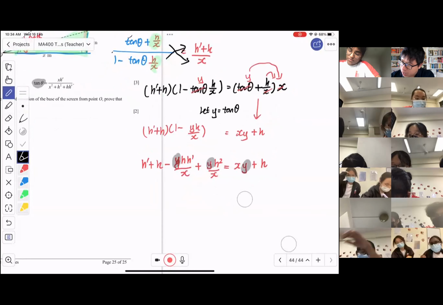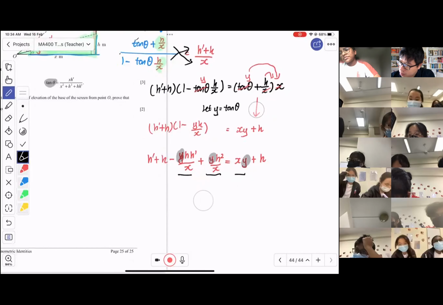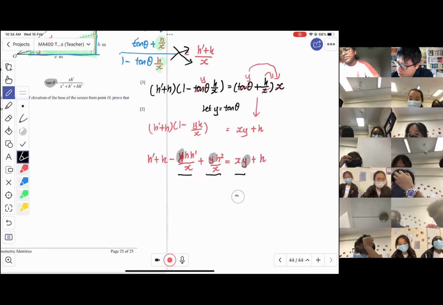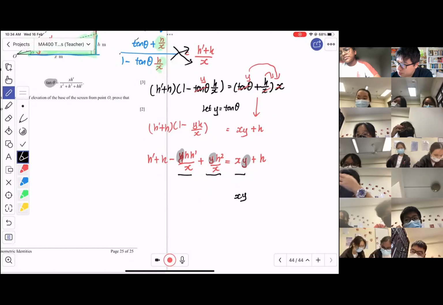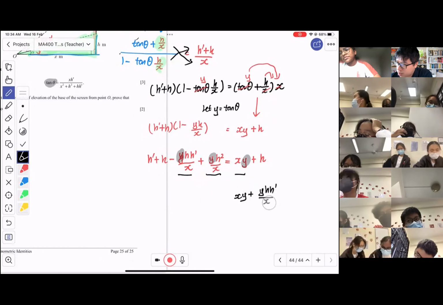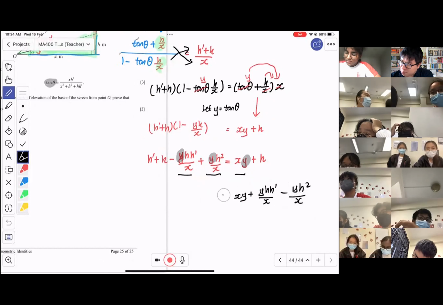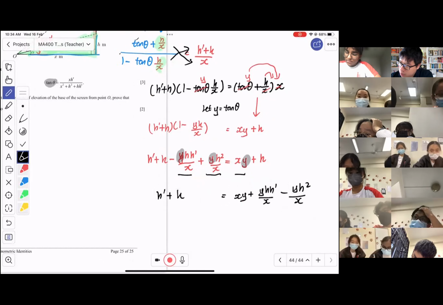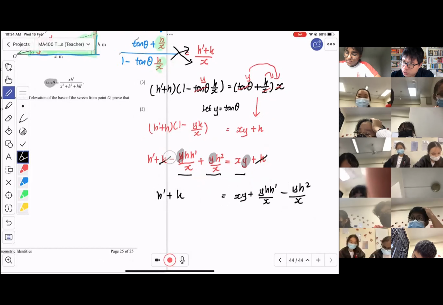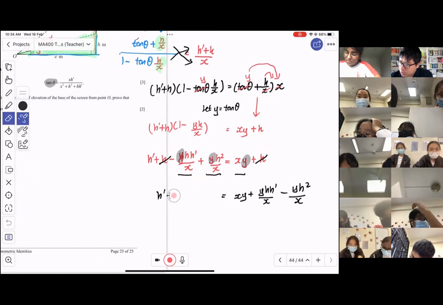So this and this and this, I put them together: xy plus y h prime over x minus y h squared over x equals h prime plus h. These two can cancel off, so no more, it's just like that.